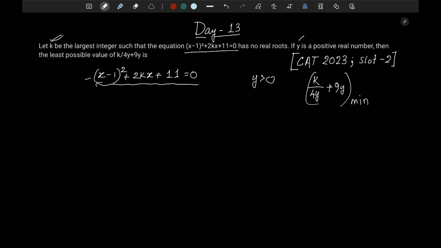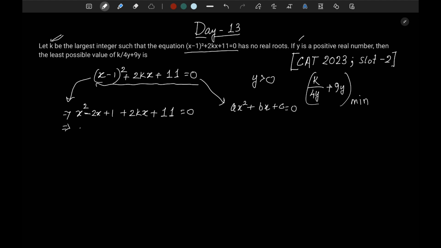So this is a quadratic equation and we have to take it in the form of ax square plus bx plus c, that is the standard form of a quadratic equation, equal to 0. So we will break this open. It will be x square minus 2x plus 1, then plus 2kx plus 11 equal to 0.